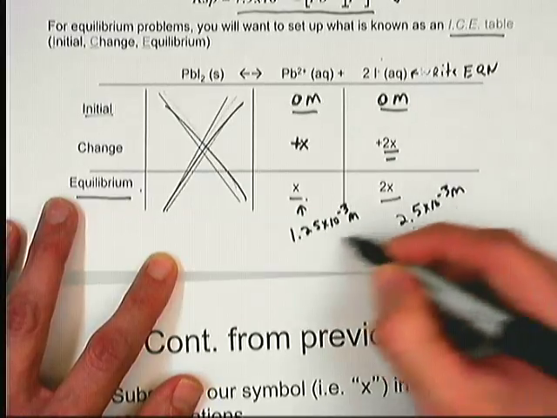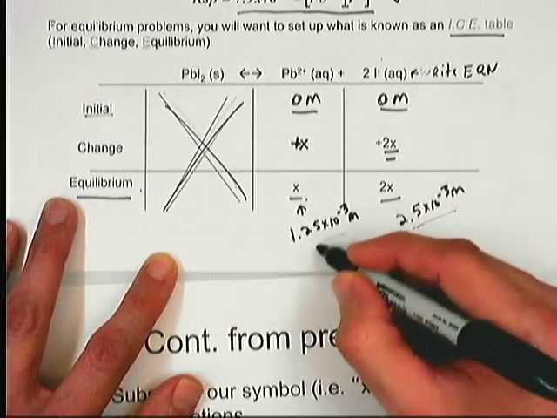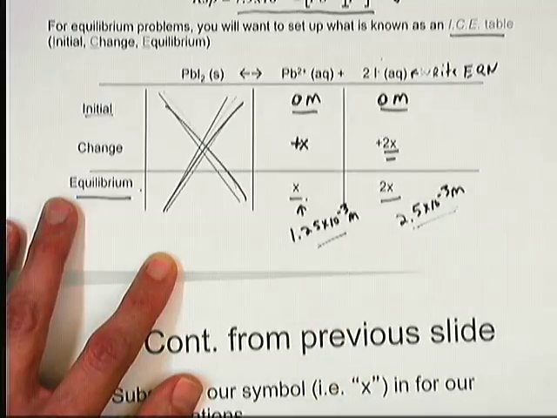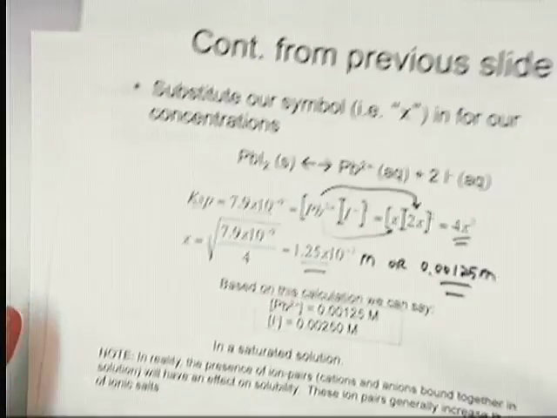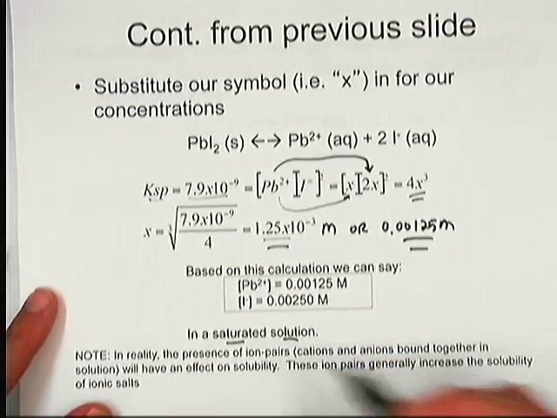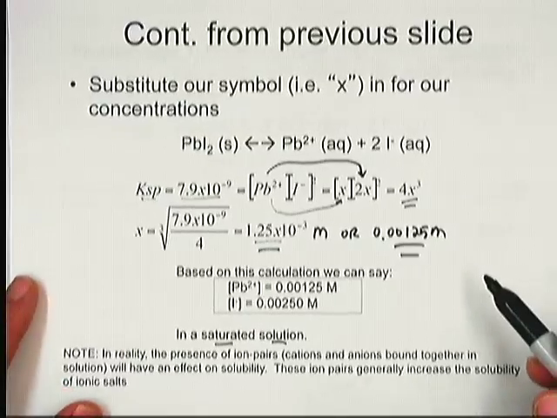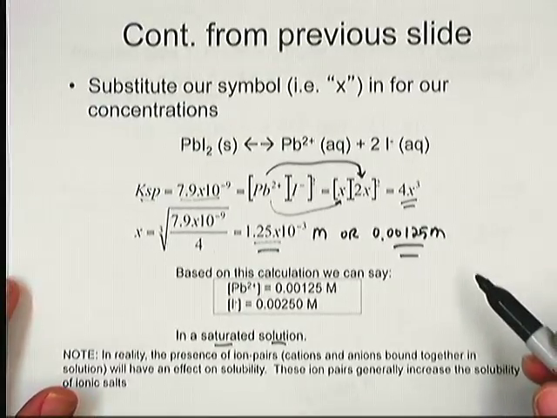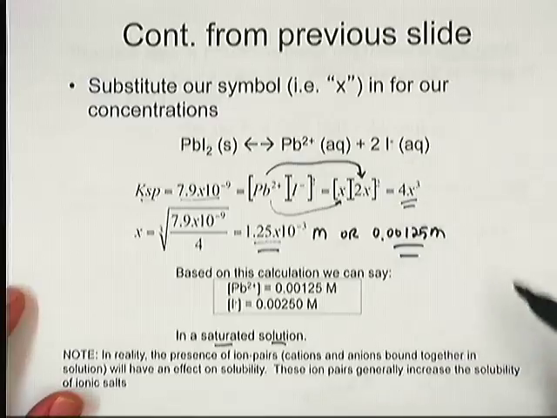So based on the systematic approach of using the ice table in the KSP expression, I have been able to predict what concentration of the lead and iodide should exist in a saturated solution that was generated within deionized water, where no other ions were present.